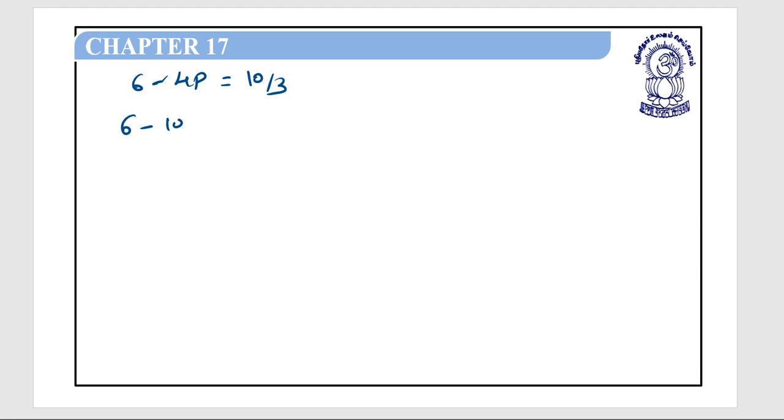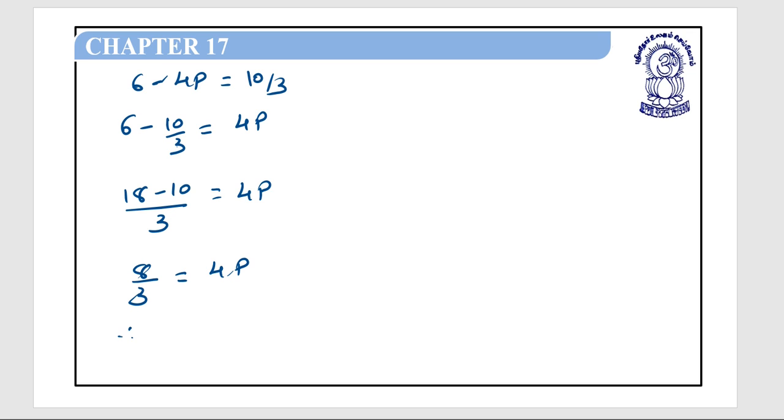So 6 minus 10 by 3 is equal to 4p. 3 6s are 18 minus 10 by 3 is equal to 4p. 18 minus 10, 8 by 3 is 4p.